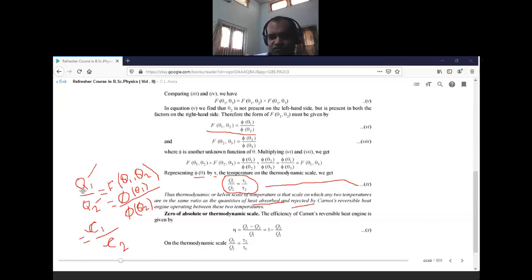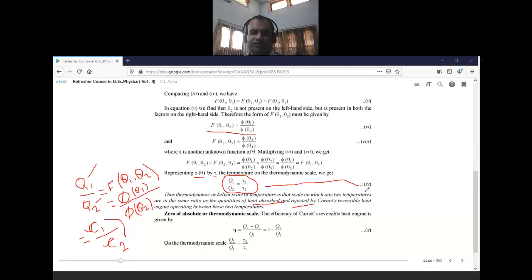The ratio of the heats absorbed and heat rejected is nothing but the ratio to which these two heat quantities Q1 and Q2 are related.